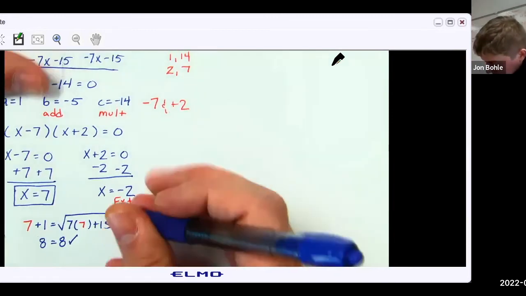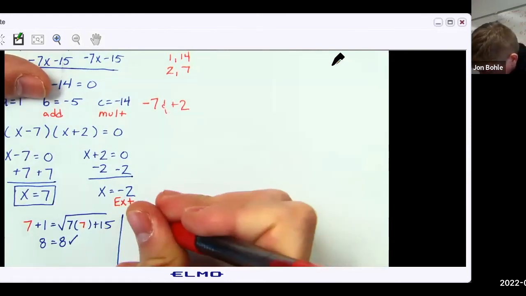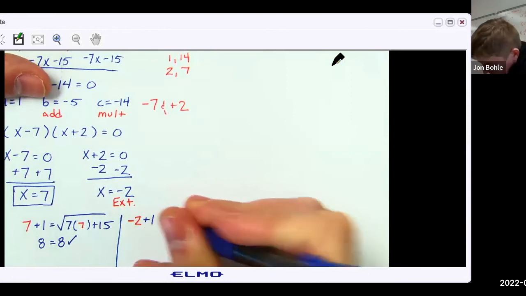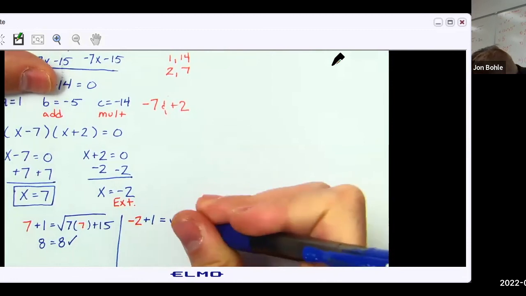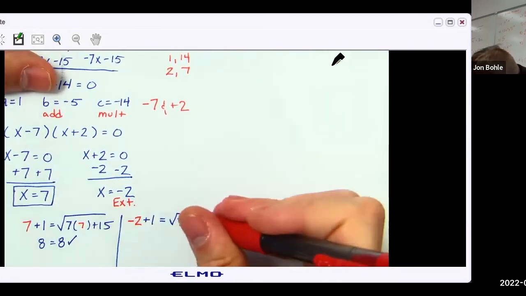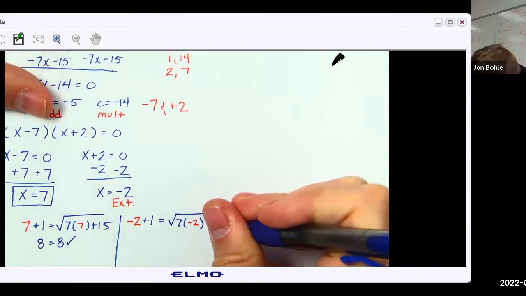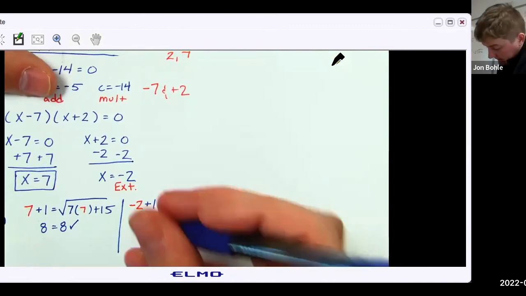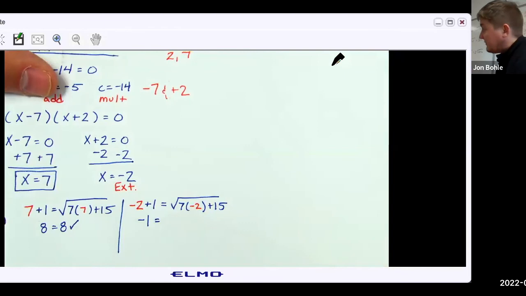Okay, so now I can do the exact same thing for -2. -2 plus 1 is equal to the square root of 7 times -2 plus 15. -2 plus 1 is -1. And this side here, again, I can just type into the calculator.